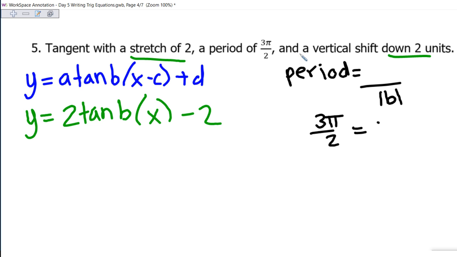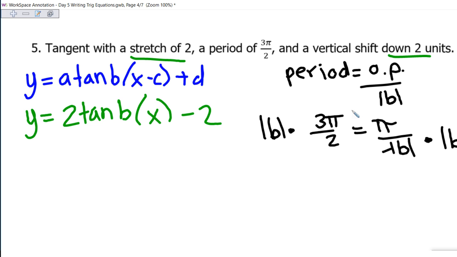This should have been original period, and the original period for tangent is pi. So this would be pi divided by the absolute value of b. First step to solve that equation is multiply both sides by the absolute value of b. So the absolute value of b is canceled. That gives me absolute value of b times 3 pi over 2 is equal to pi.